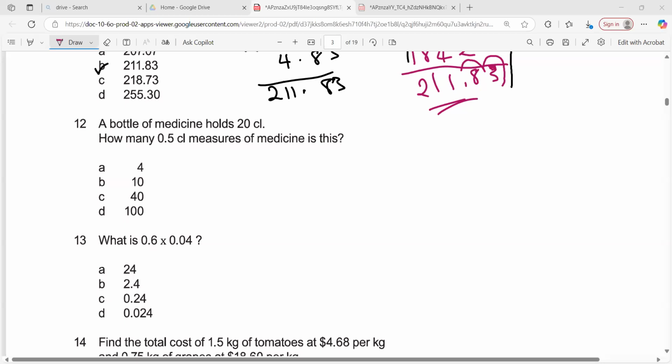Abrams, yours is correct as well. Owen, I said that already. I'm just going over, guys. I just don't want to miss anyone. Abrams, correct. Price, correct. I think that's it for number 12 in the chat.